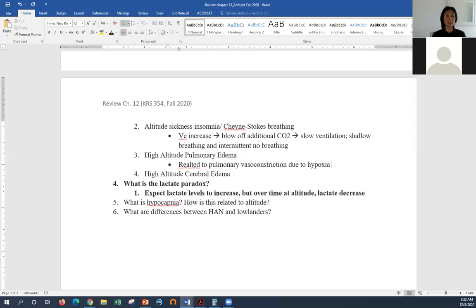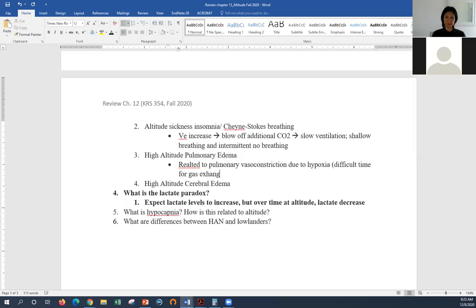So hypoxia meaning low levels of oxygen in the blood. So remember we talked about how there's going to be lower partial pressures of oxygen in the atmosphere, which is going to lead to lower partial pressures of oxygen in the alveoli.